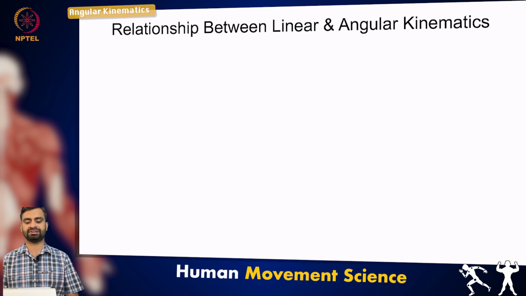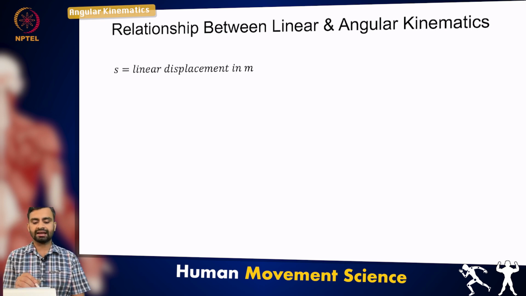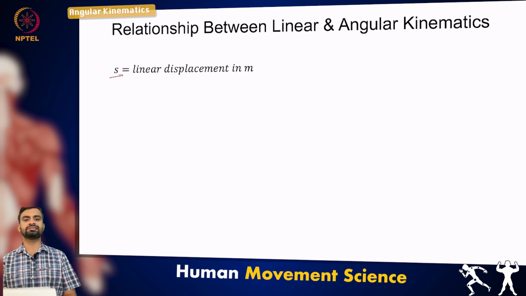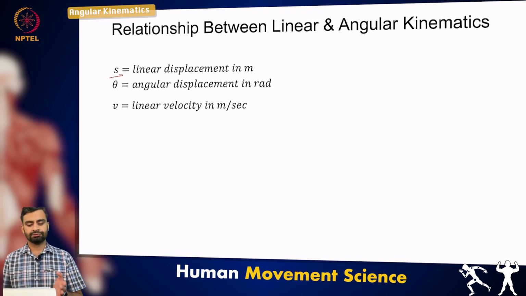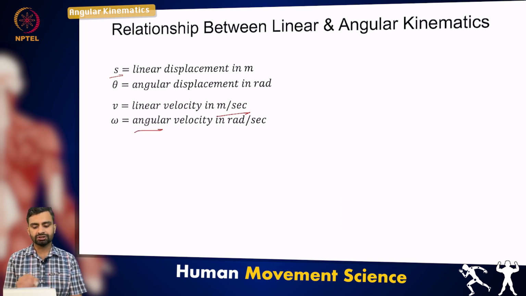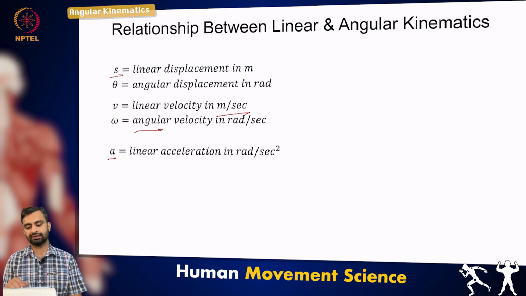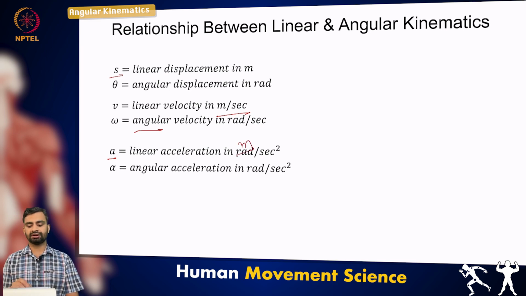So now let us see the relationship between linear and angular kinematic parameters. Let us assume S denotes the linear displacement in meters, theta is the angular displacement in radians, v is the linear velocity in meter per second, omega is the angular velocity in radian per second, small a is the linear acceleration, sorry, over here it should be meter per second square, and alpha, the angular acceleration, is in radian per second square, and r is the radius of rotation in meters.